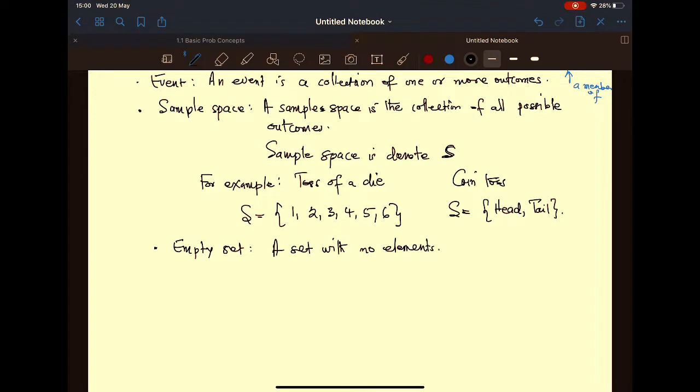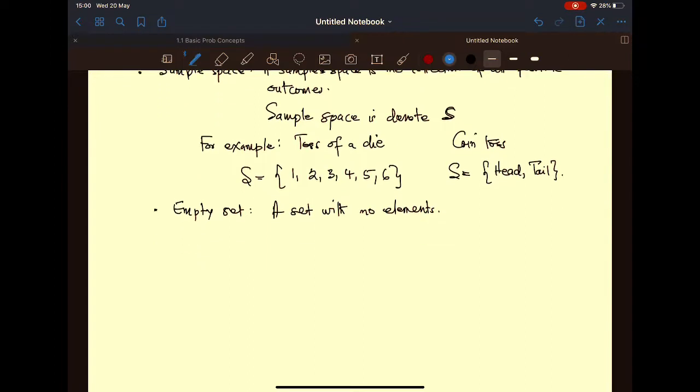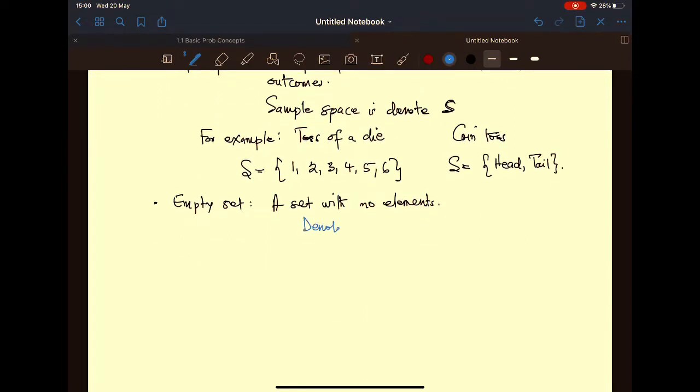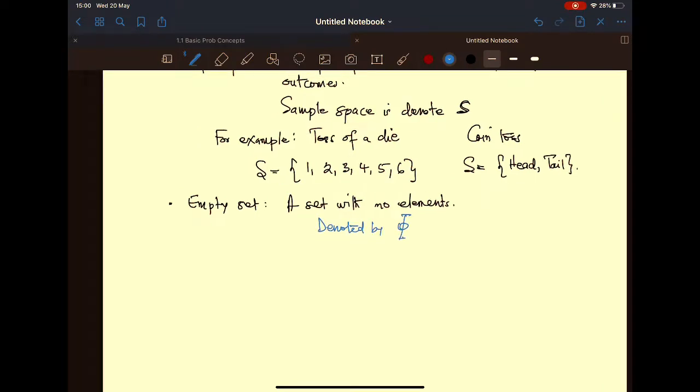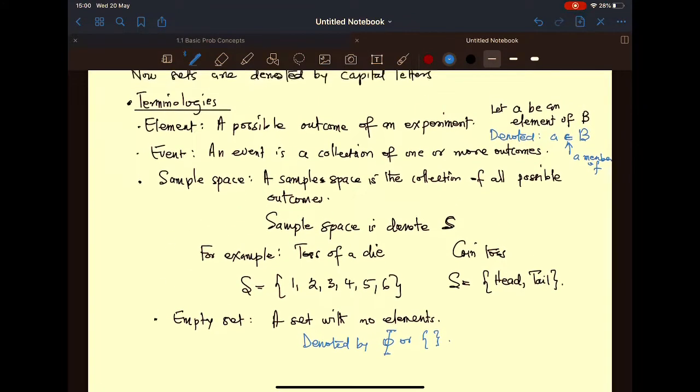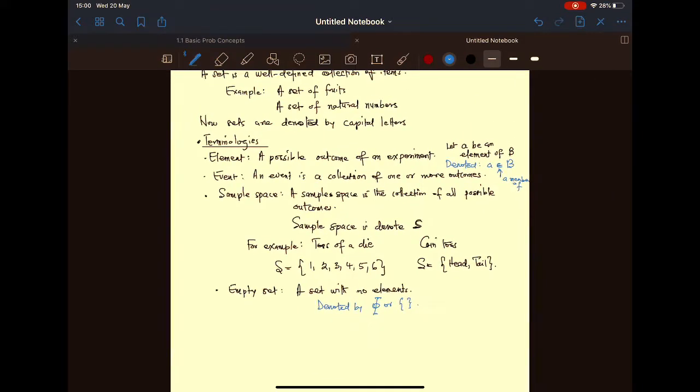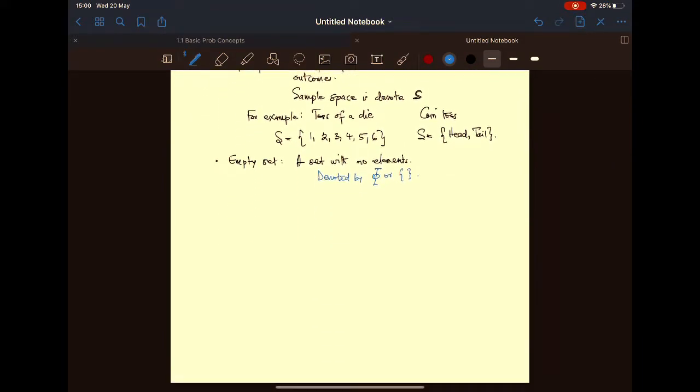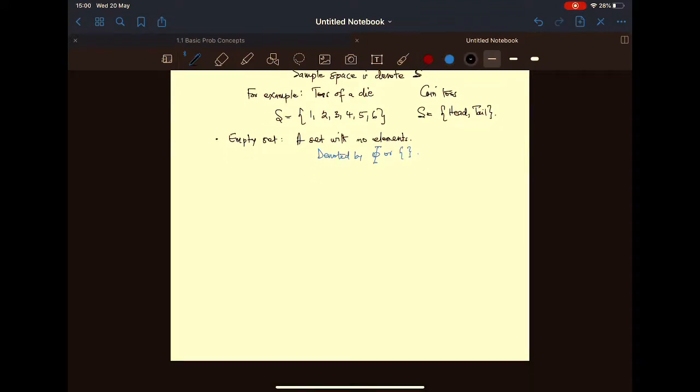A set with no elements is called an empty set, and it is denoted by either psi or an empty set with curly brackets. So it's either our symbol psi or two curly brackets to represent our empty set.